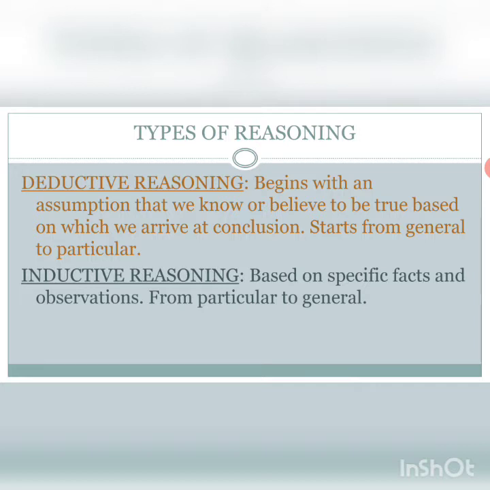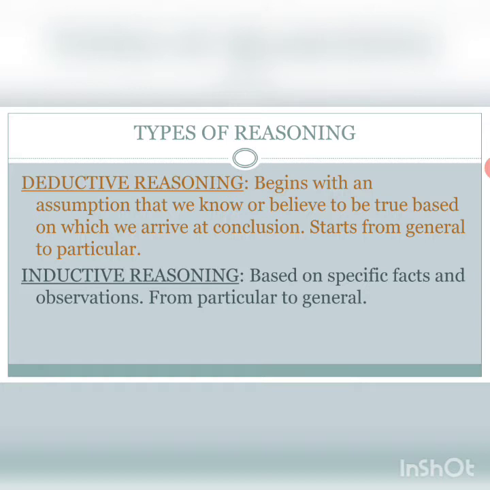If I have to give you an example of deductive reasoning, you say that men are mortal, and then you state another sentence that Hari is a man, and therefore you conclude that Hari is mortal. So this is an example of deductive reasoning, where you start with a general assumption and you come to a specific conclusion.